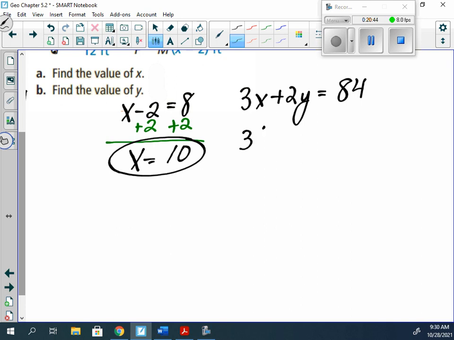So we're really saying that we have 3 times 10 plus 2y is equal to 84. What is 3 times 10? 3 times 10 is what? 30.